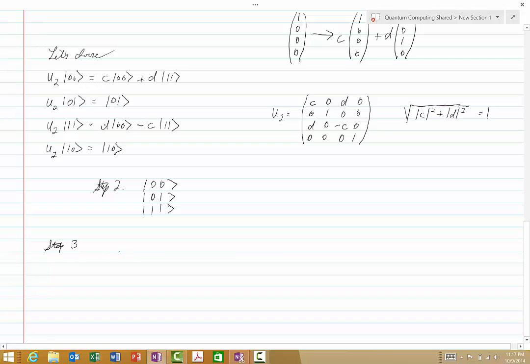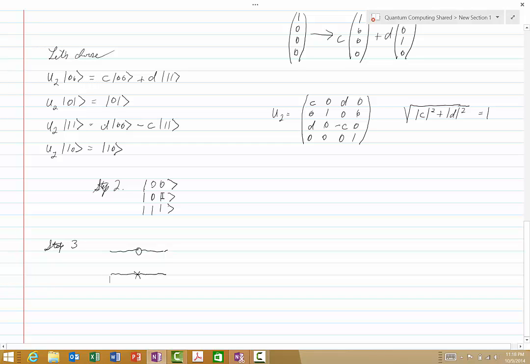So we want this. We have a hollow circle up here because we're going from 0,0 to 0,1, so the first bit is staying at 0, and then the second one will flip to give us 0,1.